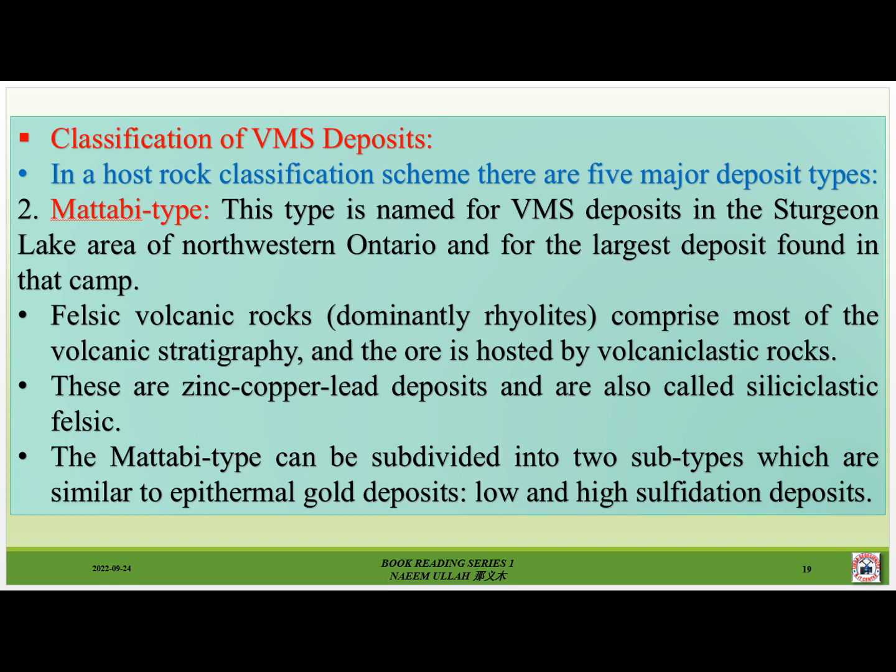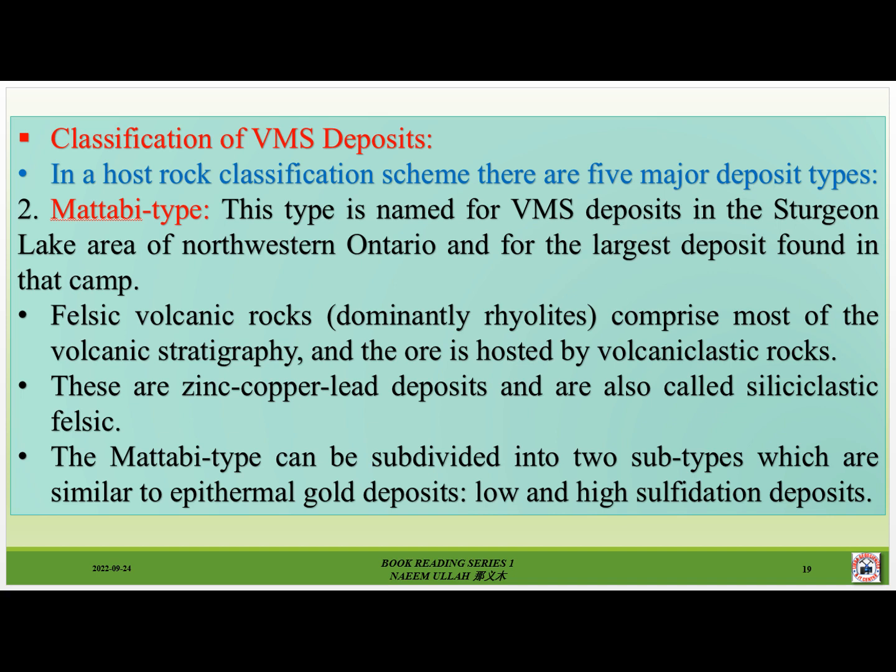Number two, Matagami type. This type is named for VMS deposits in the Sturgeon Lake area of northwestern Ontario and for the largest deposit found in the camp. Felsic volcanic rocks, dominantly rhyolites, comprise most of the volcanic stratigraphy and the ore is hosted by volcaniclastic rocks.